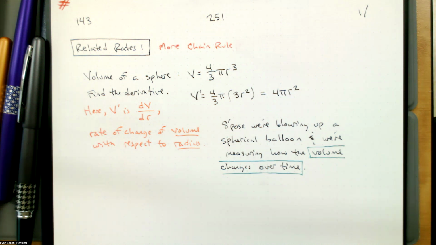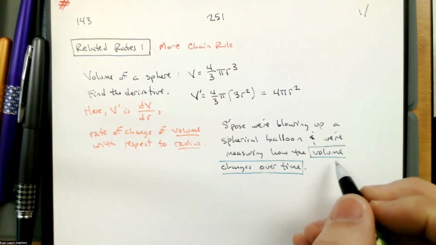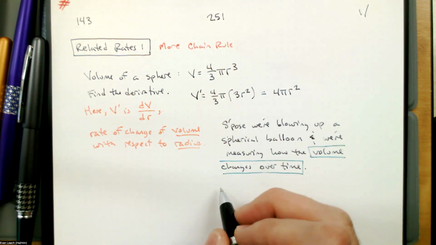That is the connection we want to make when we're in calculus class. We want to start thinking of how things are changing, and we want to think about how we are measuring those rates of change. So the volume is changing with respect to time.